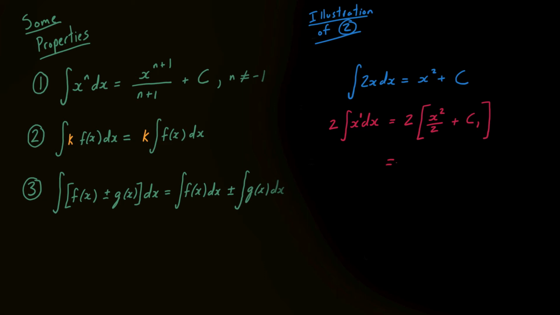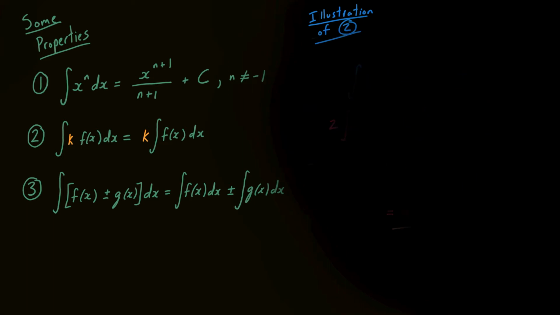Subsequently, I distribute the 2 to get this right here, and 2 times some arbitrary constant c1 is just another arbitrary constant, so we might as well call it the same capital C as the one in blue. Thus, the right sides match, and we can conclude that the integral in blue does in fact equal the expression in red, justifying that we can pull out constants from integrals without having the value of the integral change.